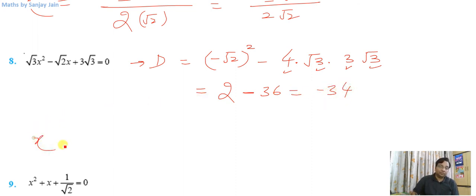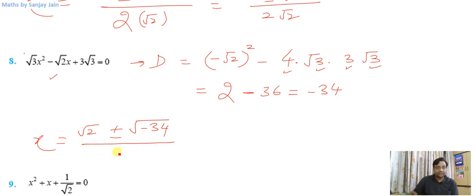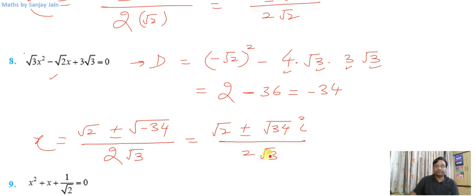And the solutions will be minus b, that is minus of minus root 2, so it will be root 2 plus minus square root of minus 34, 2 minus 36 is minus 34, divided by 2a, that is 2 root 3. So it is equal to root 2 plus minus root 34 iota upon 2 root 3.